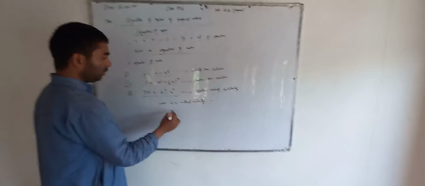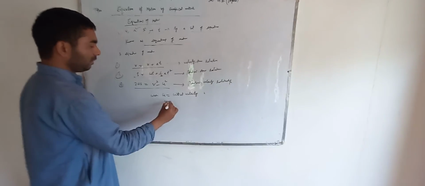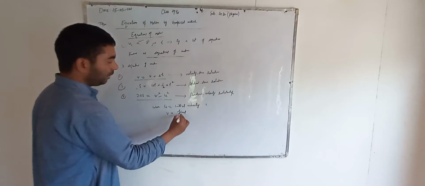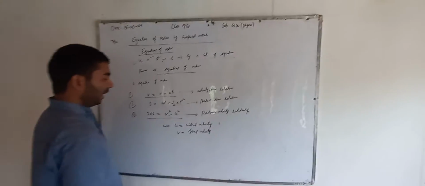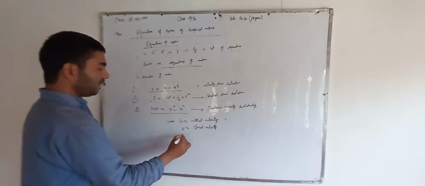Okay students, तो उसके बाद हम देखेंगे v is final velocity, v represents final velocity of the object, ठीक है, and this a is acceleration.